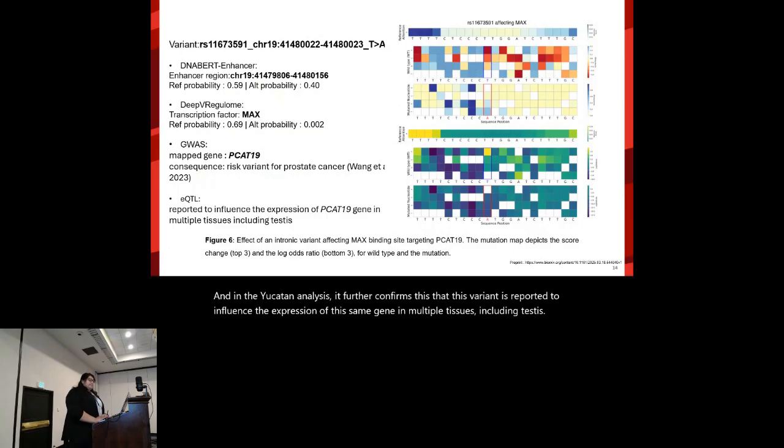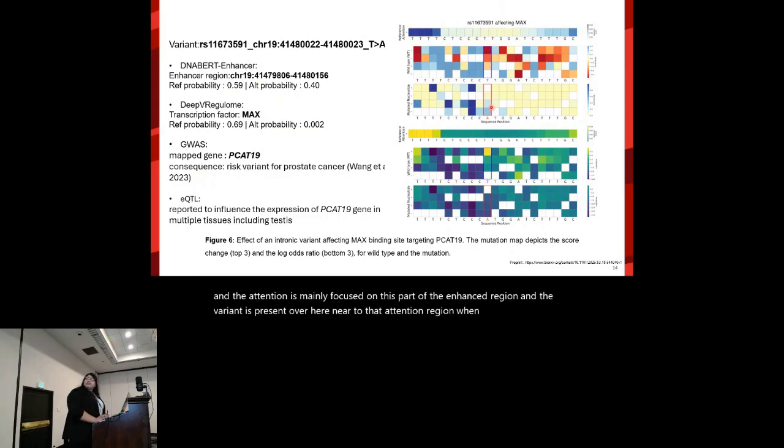All these candidate variants, which are predicted by our model, are in or around the high attention regions learned by these models. So in this heat map or ISM plot over here, you can see the reference attention. And the attention is mainly focused on this part of the enhancer region. And the variant is present over here, near to that attention region.